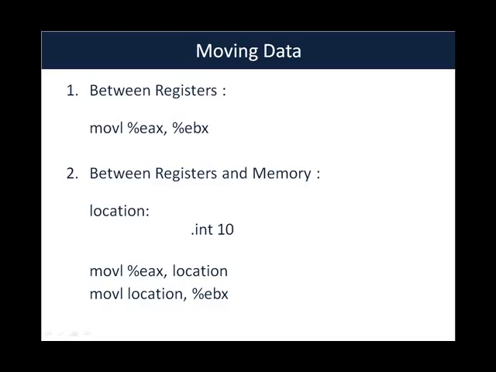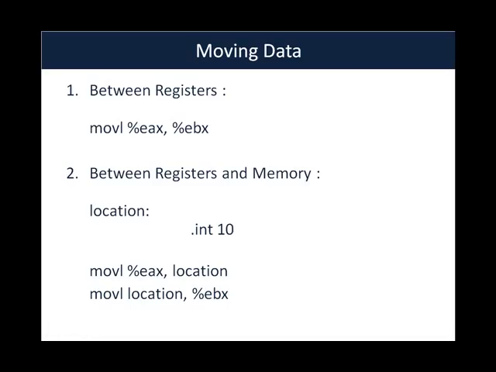The second variation is moving data between registers and memory. Let's say we have an integer defined by a label location. How do you move the value in EAX into that location? This is simply achieved by using movl EAX, location.